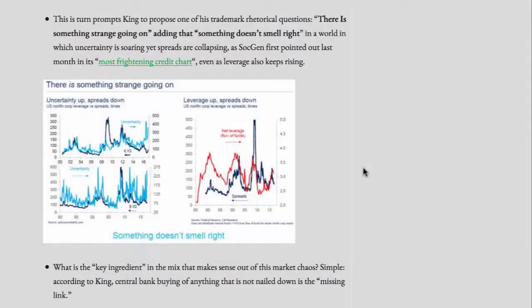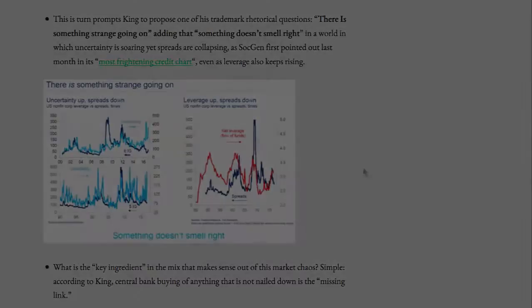This in turn prompts King to propose one of his trademark rhetorical questions. There is something strange going on, adding that something doesn't smell right in a world in which uncertainty is soaring, yet spreads are collapsing, as SocGen first pointed out last month in its, quote, most frightening credit chart, end quote, even as leverage also keeps rising.